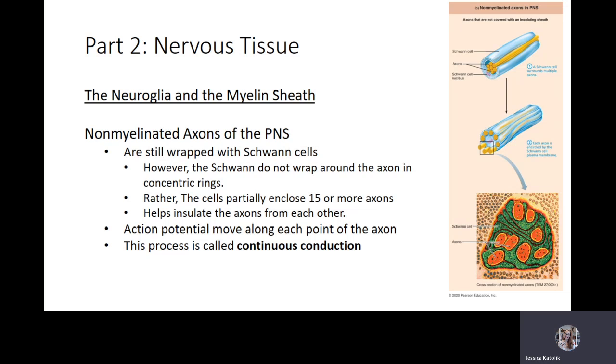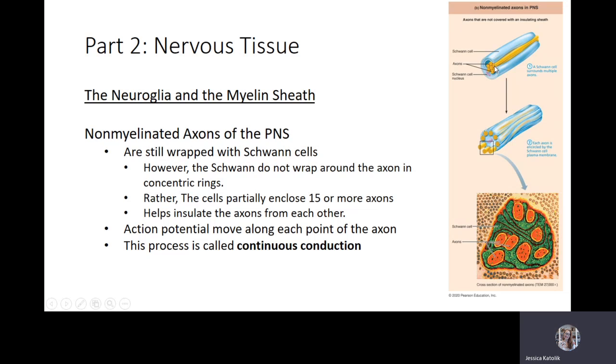The axons will be partially enclosed by the Schwann cell. What you can see here is we have multiple axons located here, and there can be up to 15 or more axons within this space. This is just showing a few of them.